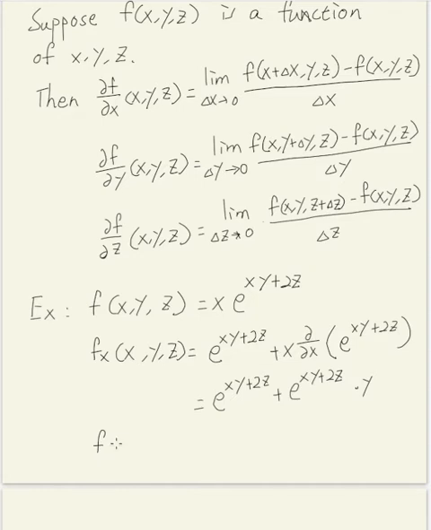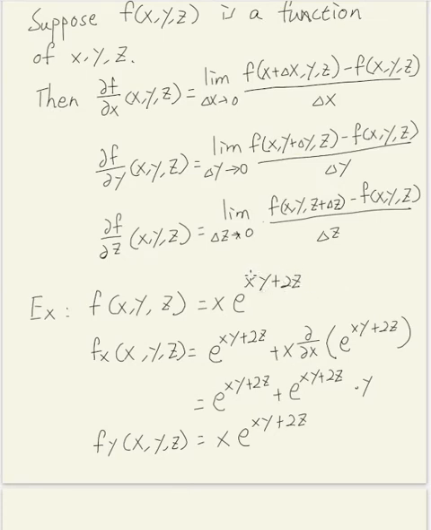Next, f sub y. x is a constant, so leave it as it is, and we get e to the xy plus 2z. The derivative of the exponent is x, because z is a constant, so the derivative of 2z is 0.